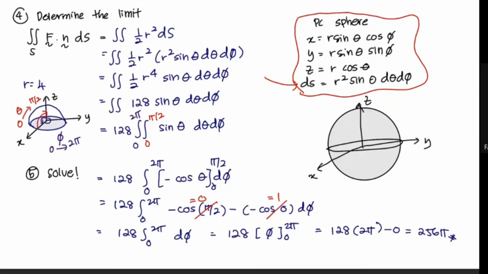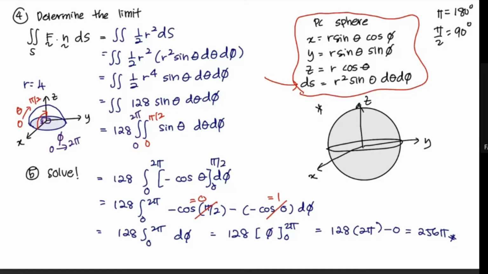Pi equals 180 degrees, so pi over 2 equals 90 degrees.